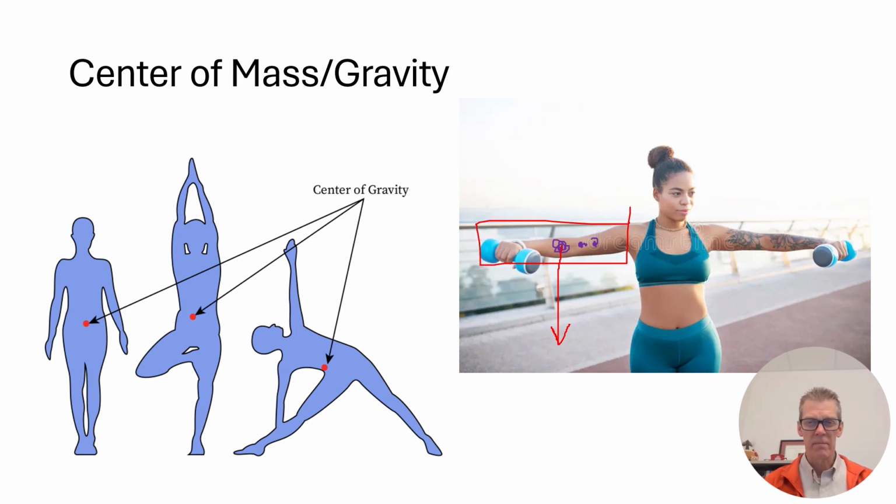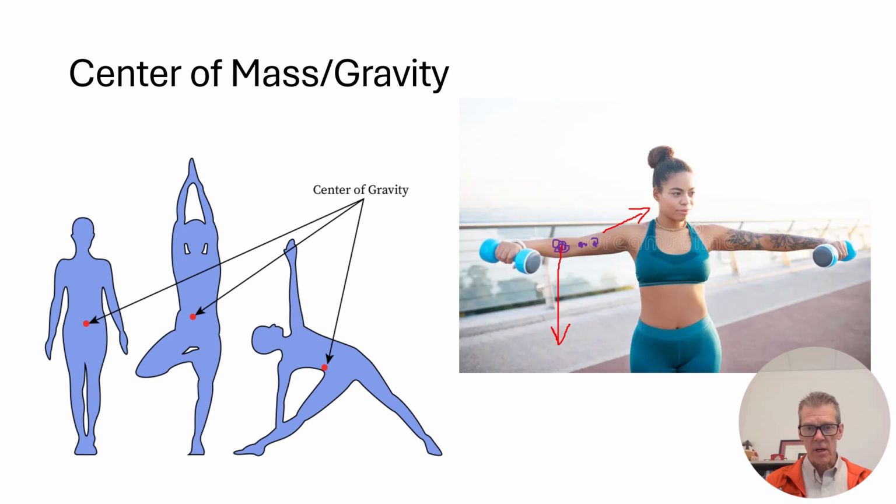So that's why we want to conceptualize where the center of mass would be, because it helps us to consider what the muscle requirements are to create this motion, and we know it's the deltoid, and we know then the deltoid pulls in that direction to abduct the arm. And so these are two competing forces.